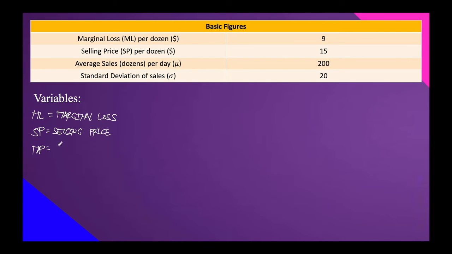We will compute this. This is only a basic subtraction. So, marginal profit. And we also have P of X asterisk, which is the probability of optimal stock. Okay, so this will be our variables.